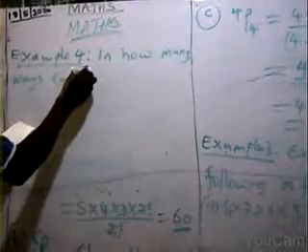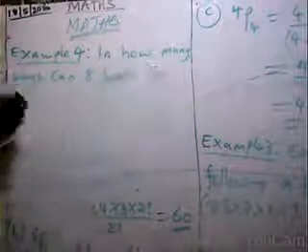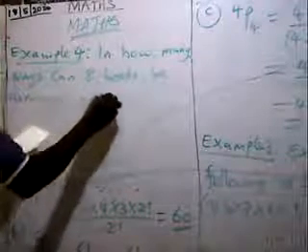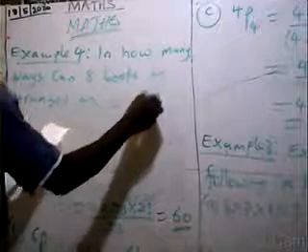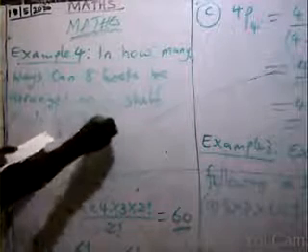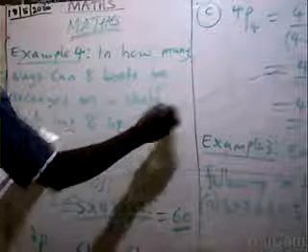Example 4. In how many ways can 8 books be arranged on a shelf which has 8 spaces not filled?